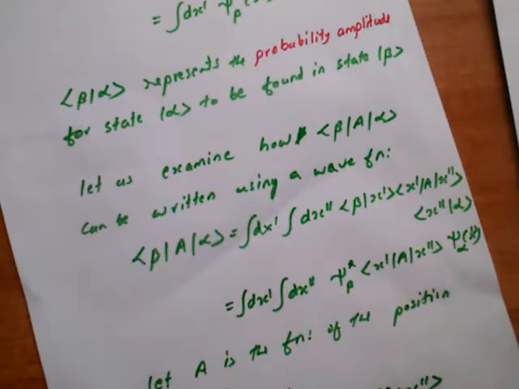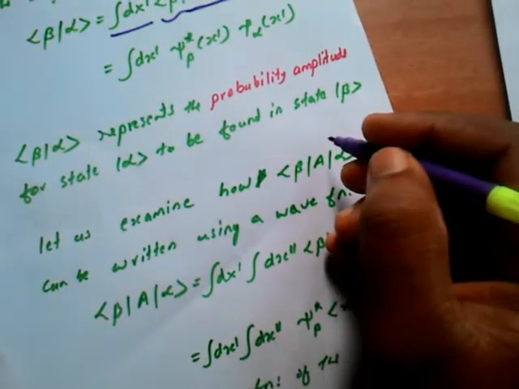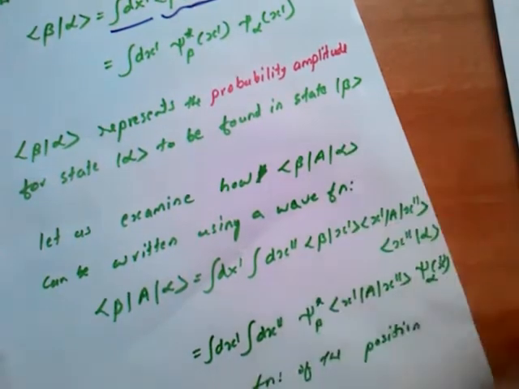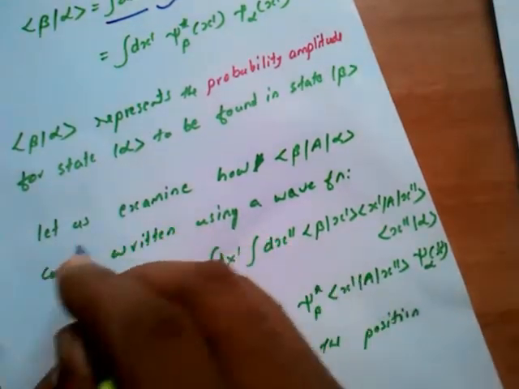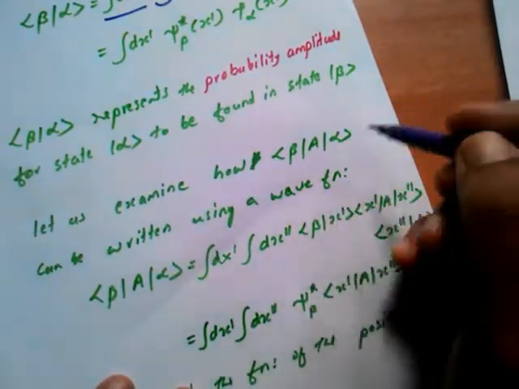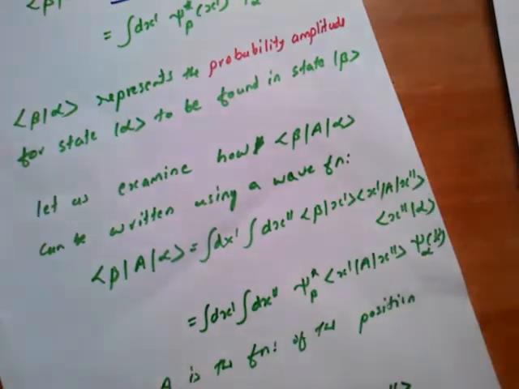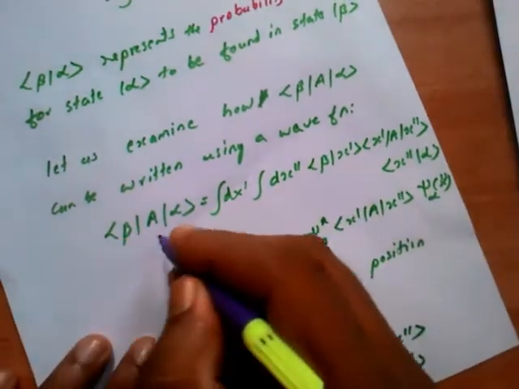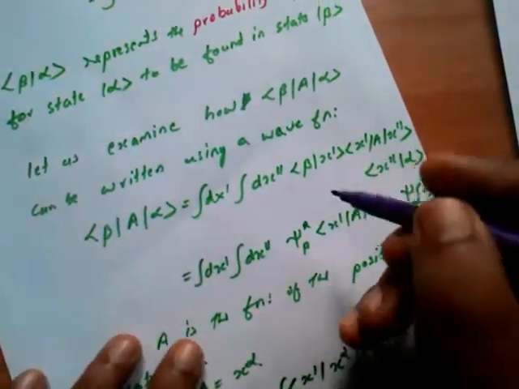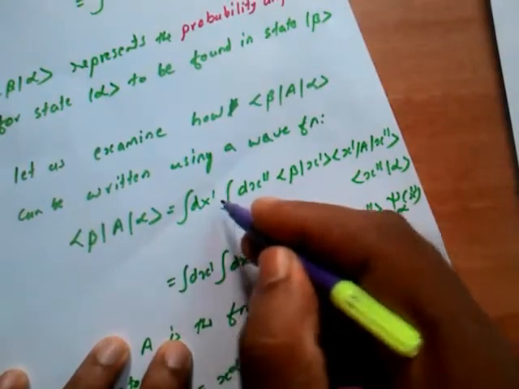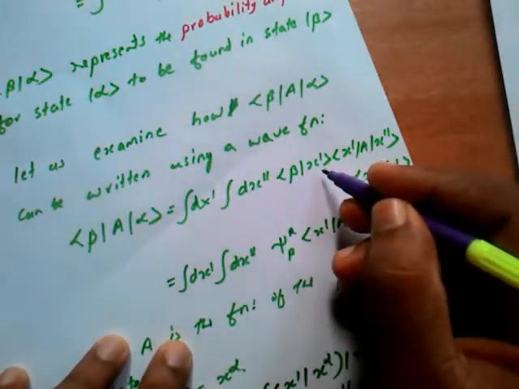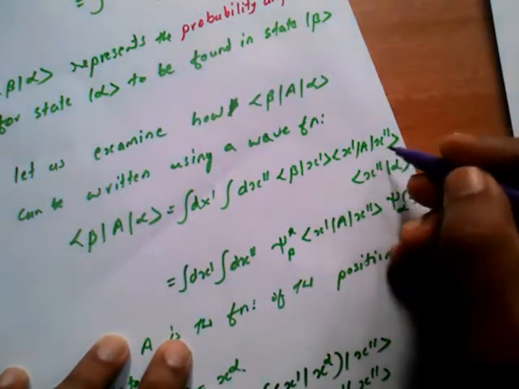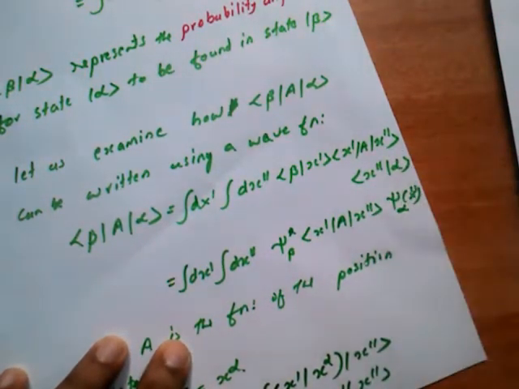And next, we are deriving the form of the position operator. For that, let us examine how beta A alpha can be written using a wave function. So beta A alpha equals integral dx dash, integral dx double dash, beta outer product of x dash, A, outer product of x double dash alpha.